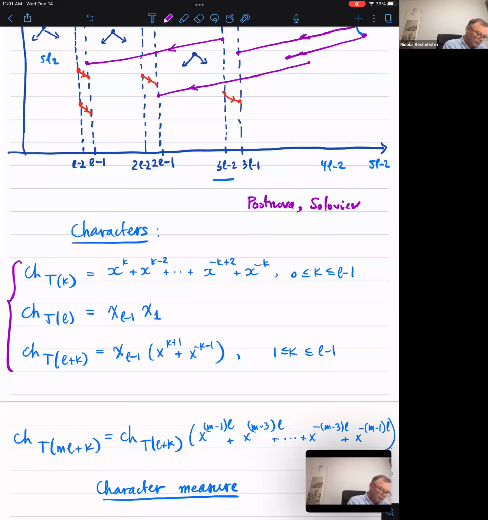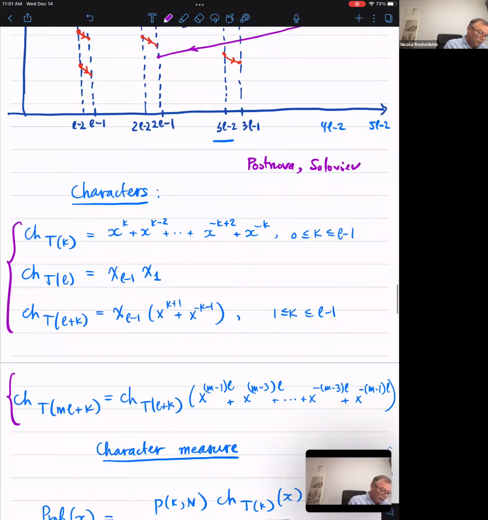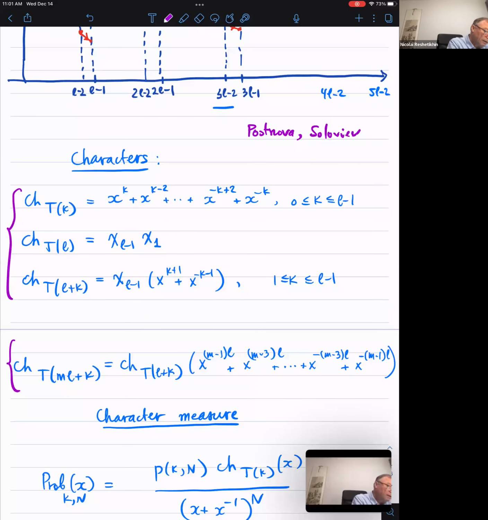And actually, this is not only the definition, this is also the result of computation. So for representations of UqSL2, this is where representation theory is basically the same as in SL2. So this character is the same as the SL2 character. For the next module, you use the tensor product formula, and you get this formula.